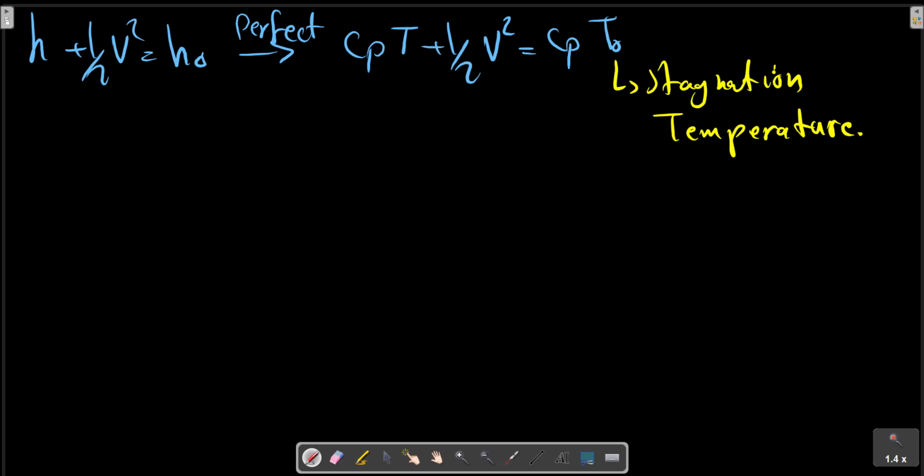This equation has an alternative form, which occurs when the enthalpy and temperature drop to zero, so that velocity achieves a maximum value.